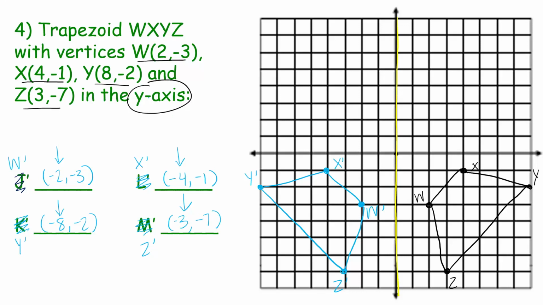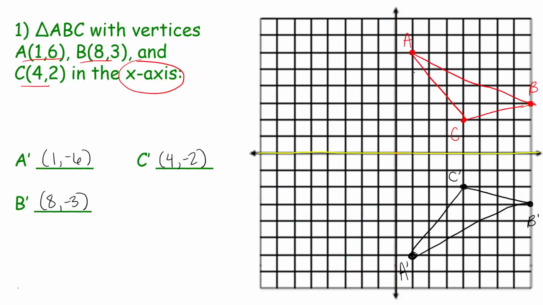Okay, so let's look for a general rule here. We said for the y-axis, all of our x values are changing signs. In this example, they all started as positives and they all became negatives. But the y values all stayed the same. Okay, let's go back to this example. We flipped it across the x-axis, and it went from 1, 6 to 1, -6.